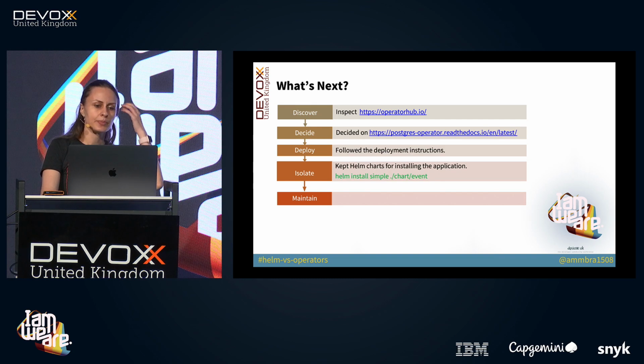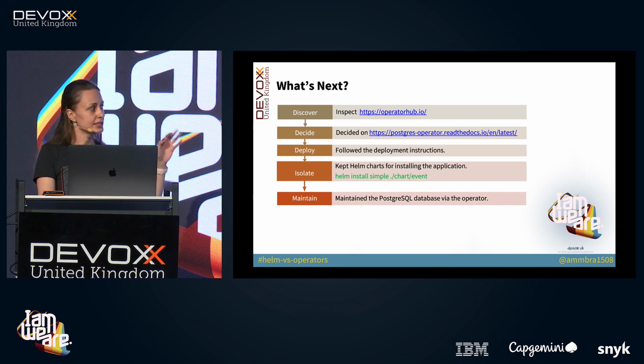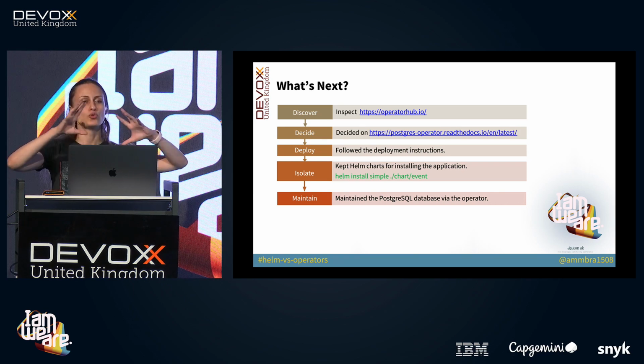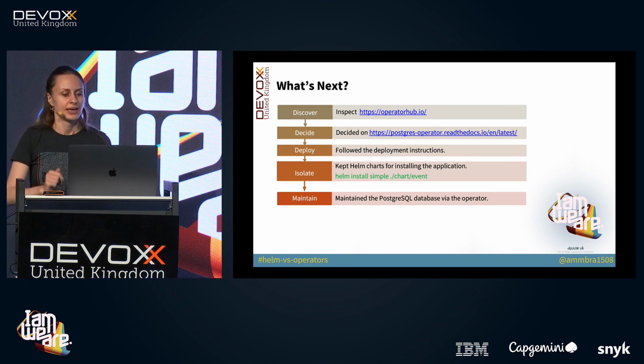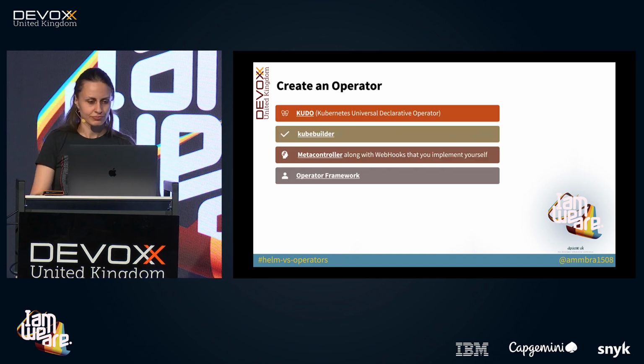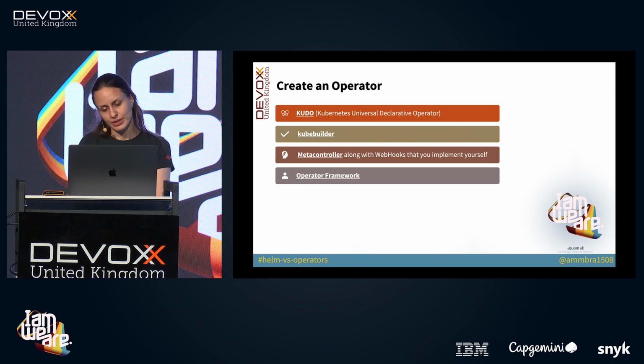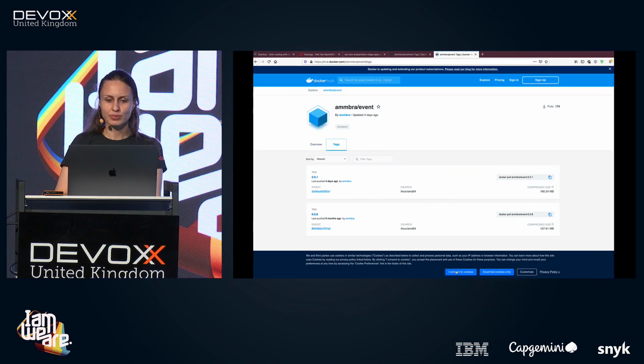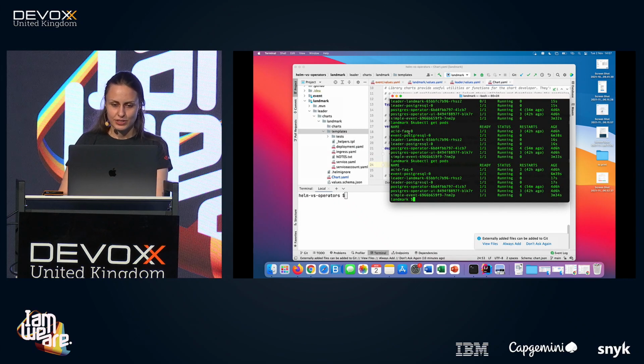And then I was able to install, or maybe reinstall that chart with Helm install, or I'm going to upgrade it in a minute, and maintain the PostgreSQL databases via the operator. It's easier for me because it's easier to upgrade an operator that automatically manages everything related to Postgres, including the stateful sets.